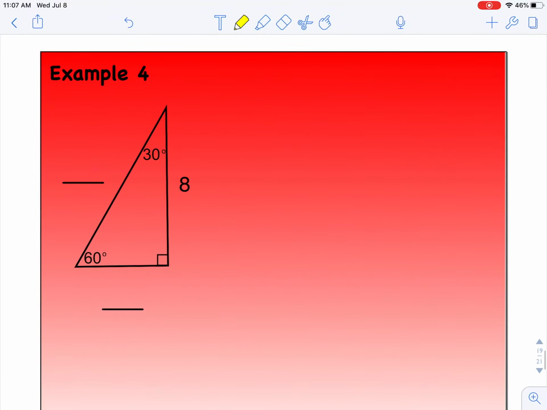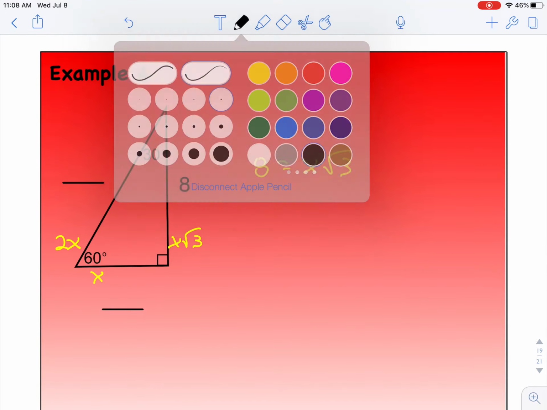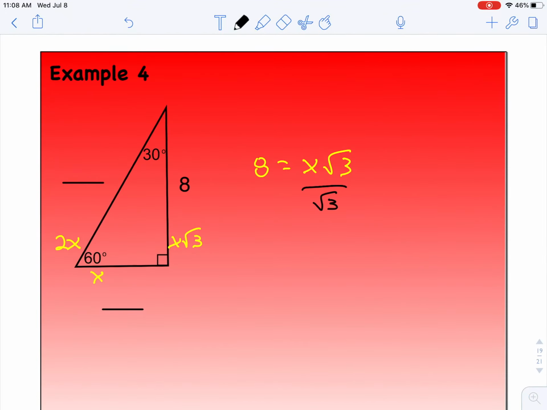But again, they sometimes get more complicated because now what if the longer leg is equal to 8? Again, our relationships are x, 2x for the hypotenuse, and x root 3. So I'm going to do the same thing I did with the 45, 45, 90s. I'm going to take the 8 and set it equal to x square root of 3. So now to solve this, just like I did before when I solved for x, divide by that square root of 3.